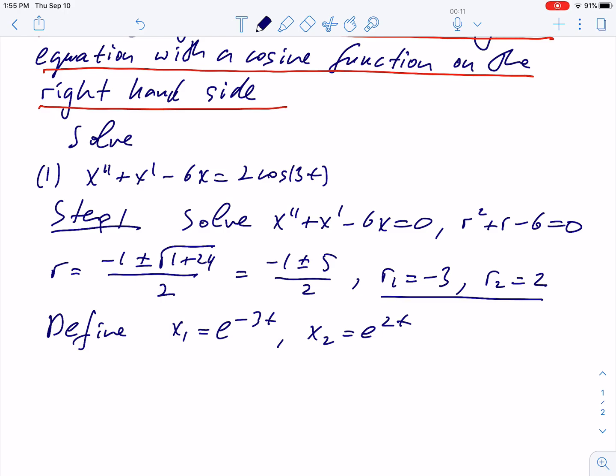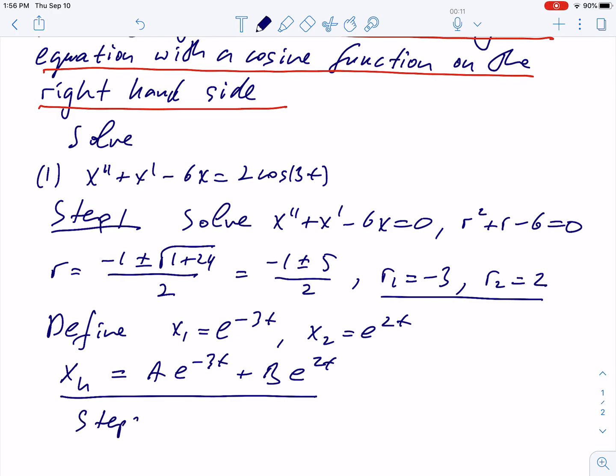And then we write the general solution of the homogeneous with x sub h for homogeneous: arbitrary constant with the first one, arbitrary constant with the second solution, and this is the general solution for the homogeneous equation. End of step 1.